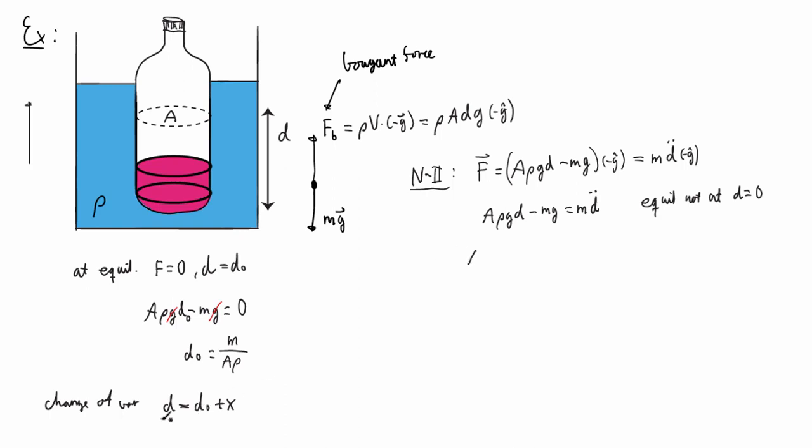Well, first of all, if this is true, then d double dot is equal to x double dot. So as far as the right hand side here, things are pretty straightforward.